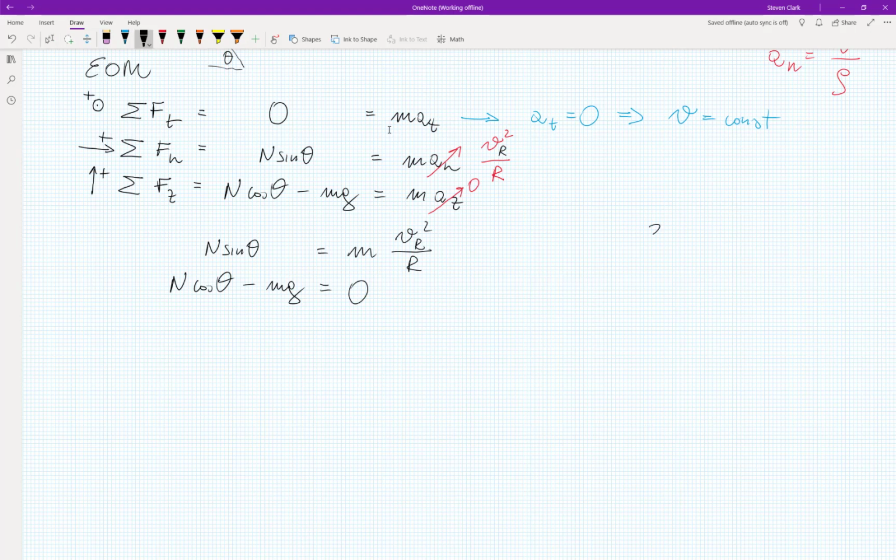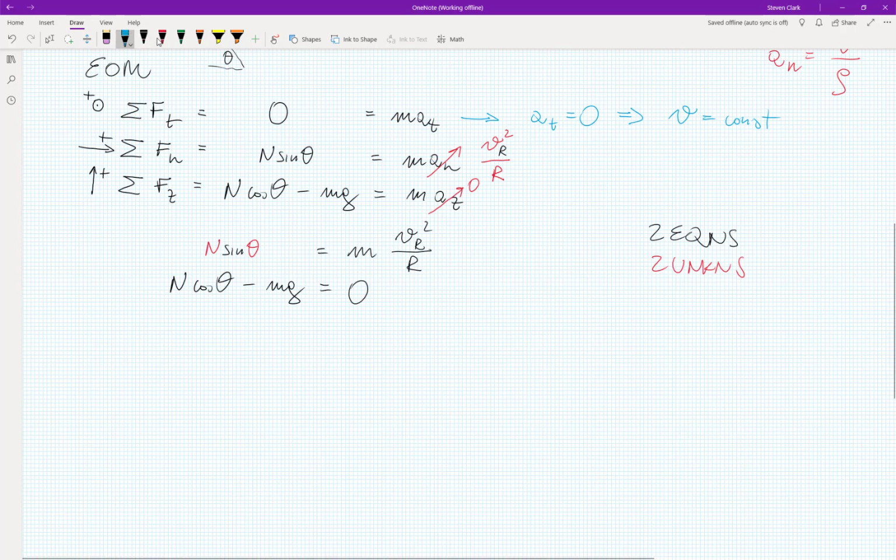So we have two equations. They ask us to find theta, I believe, that banking angle. And is there anything else we don't know? Normal force. And I believe that we know everything else. So we have two equations and two unknowns. Let's solve it.